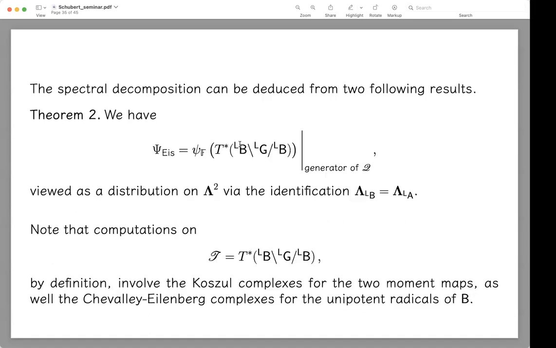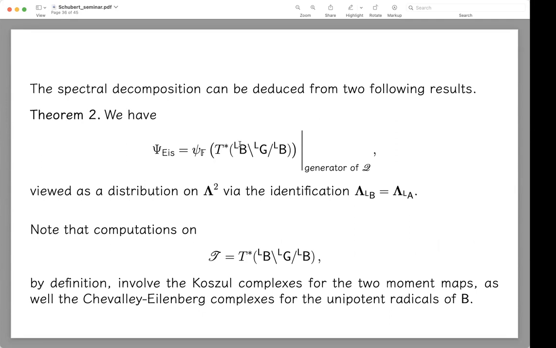And then I'll say, so that the spectral decomposition, now here are the two main results. The spectral decomposition in this spectral problem is a consequence of the two following results.